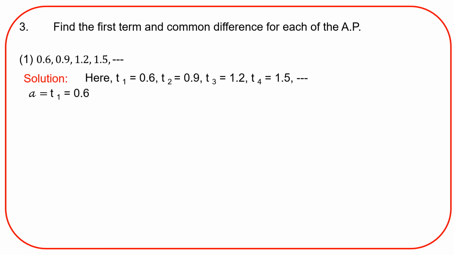Now here we calculate the common difference D. This is AP, means difference between any two consecutive term is the same. So therefore we calculate D, common difference D is equal to T2 minus T1. 0.9 minus 0.6, that is equal to 0.3.